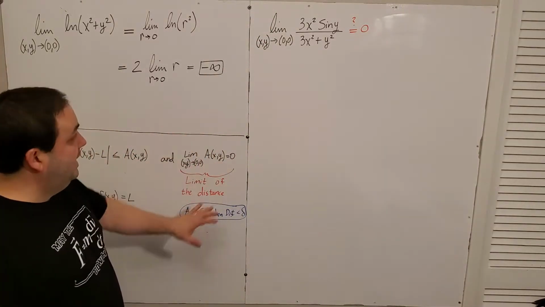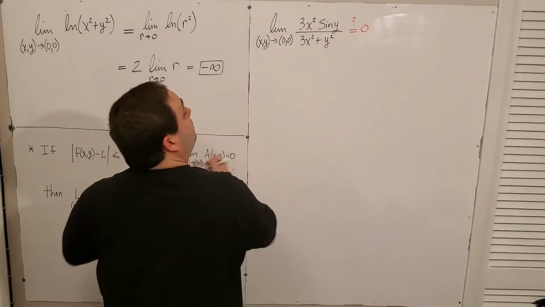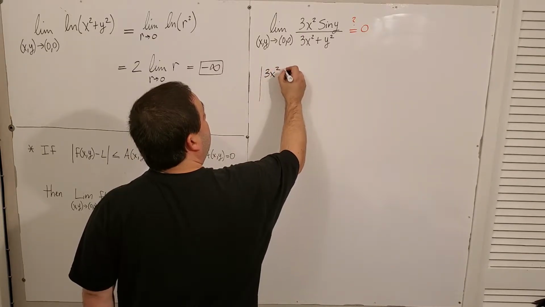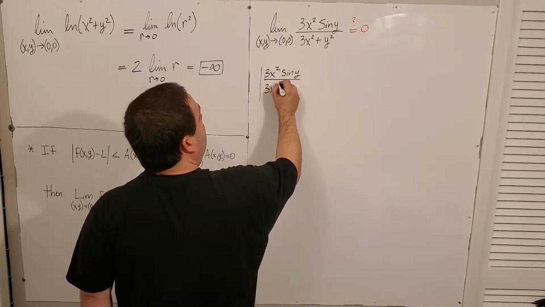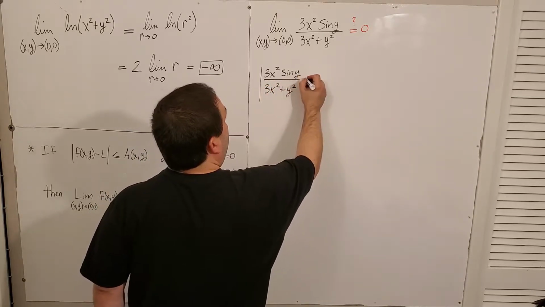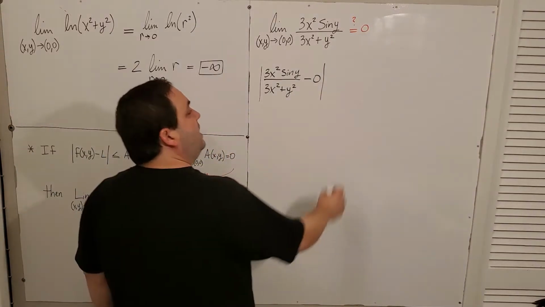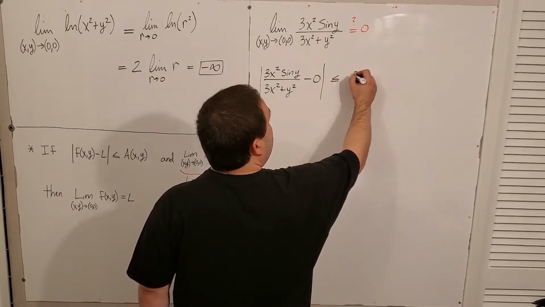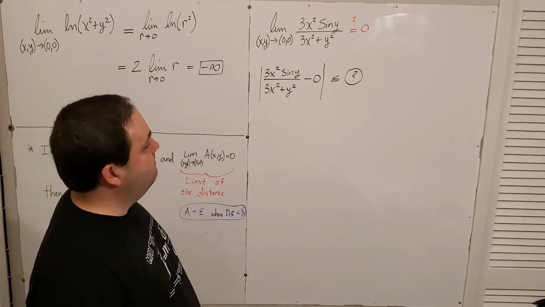So I'm going to try using this. I'm going to say, I think the limit is 0. So then the function itself minus the limit value that I'm guessing would need to be less than some simpler function. Okay?